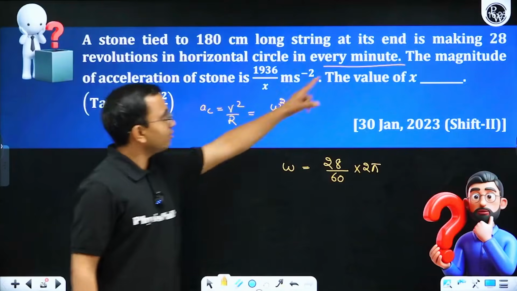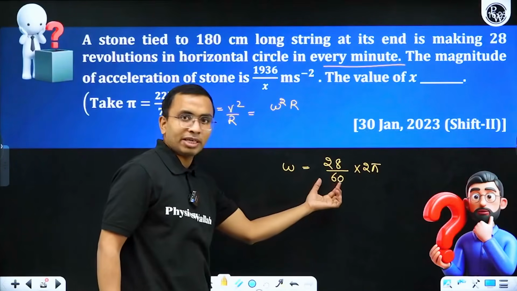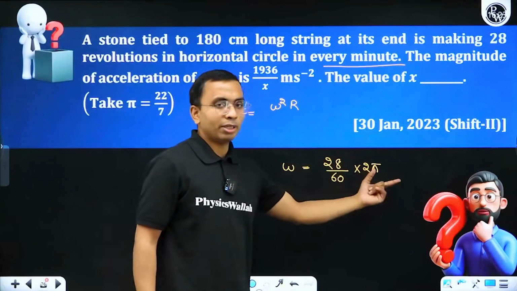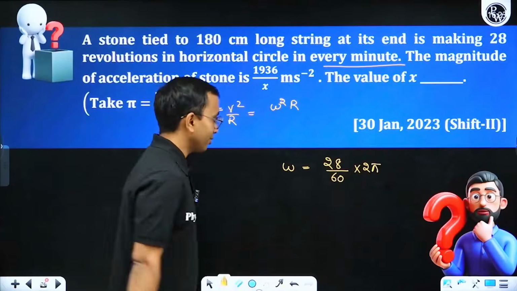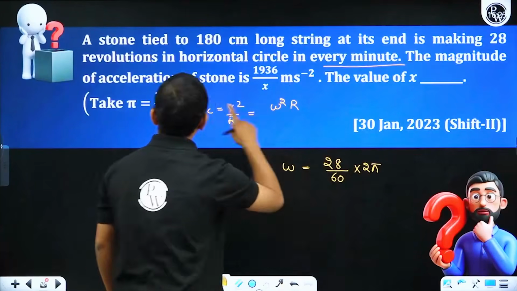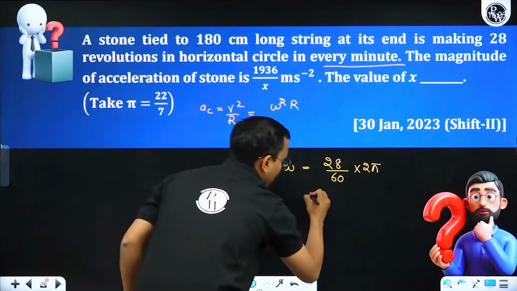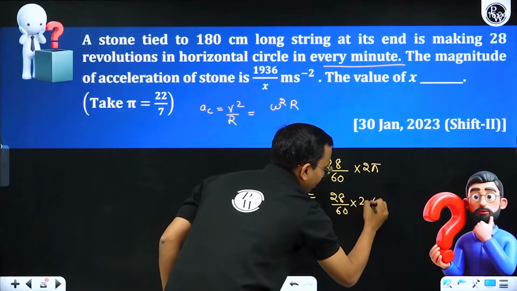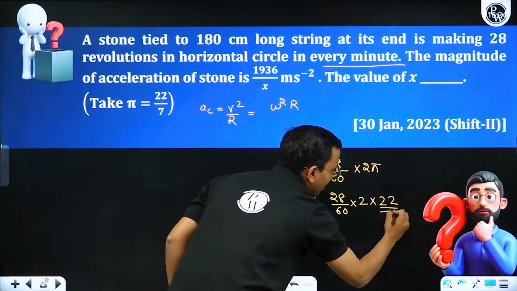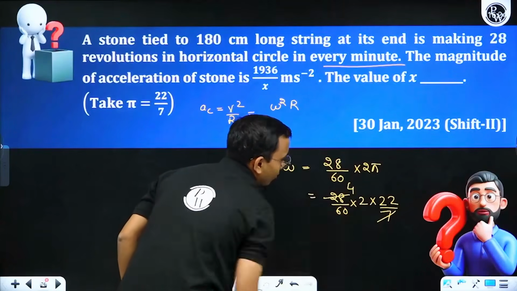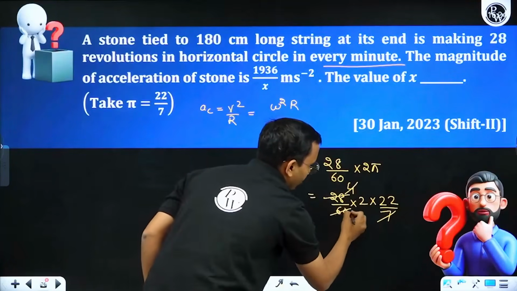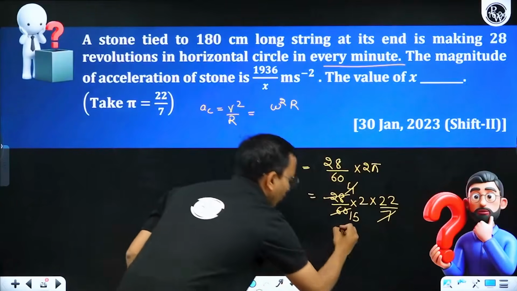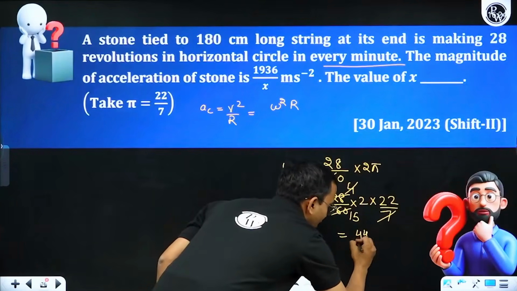Getting it? These many revolutions per minute, dividing by 60 we get per second, multiplying by 2 pi we get radian per second. Pi is given as 22 by 7. So this will become 28 by 60 into 2 into 22 by 7, which is 44 by 15.